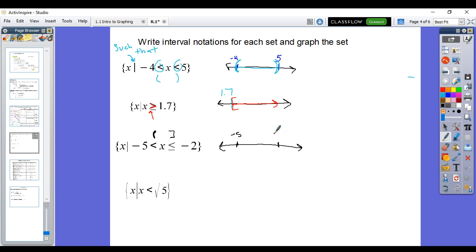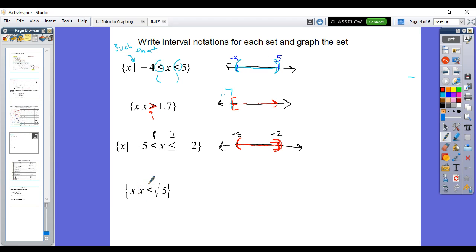This right here is our -2. x is greater than -5, so parenthesis, but less than or equal to -2, bracket. So this is one of those half open ones where there's a for sure bracket on one side, an absolute end, but then a not-quite end right there.